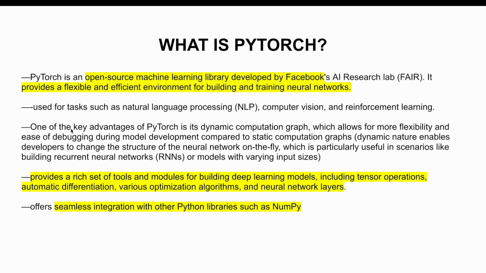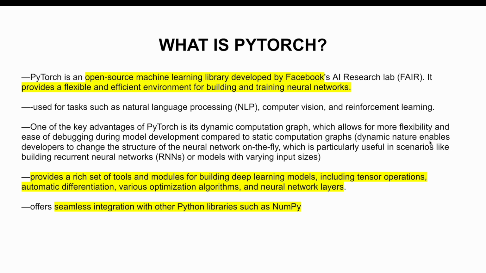So, as we were saying, one of the key advantages of PyTorch is its dynamic computation graph, which allows for more flexibility and ease of debugging during model development compared to static computation graphs.